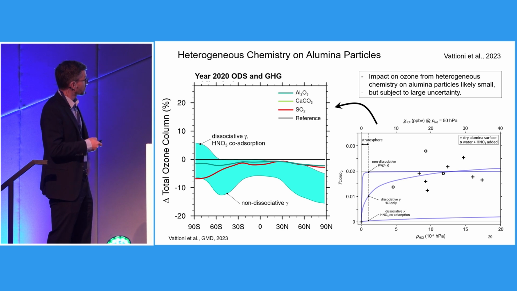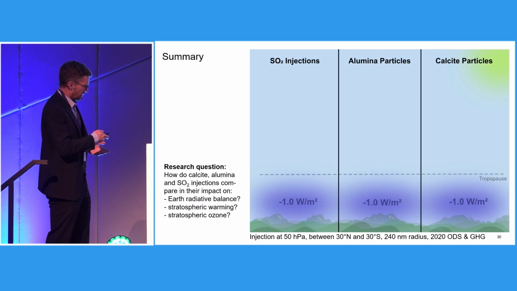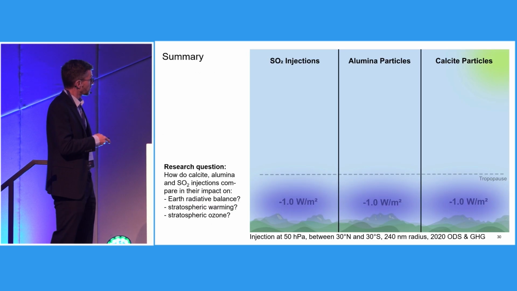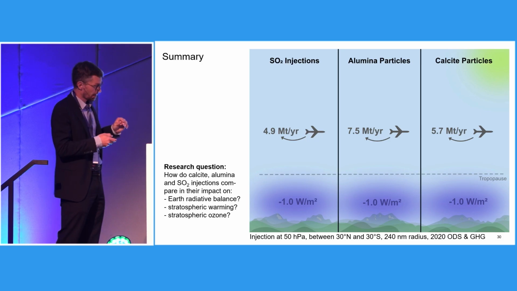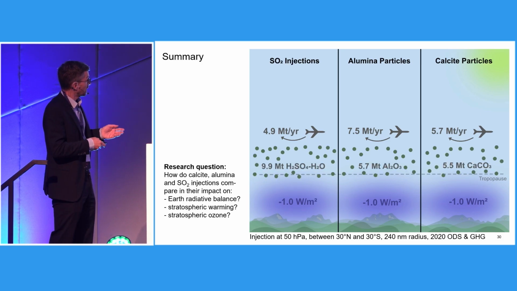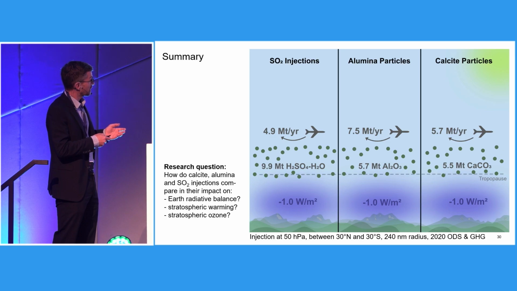To give a summary at the end, for 1 watt per square meter of radiative forcing with our model, we need more material for alumina and calcite to be injected, because the particles are heavier, and the residence time of the particles in the stratosphere is much smaller compared to the sulfuric acid aerosols.